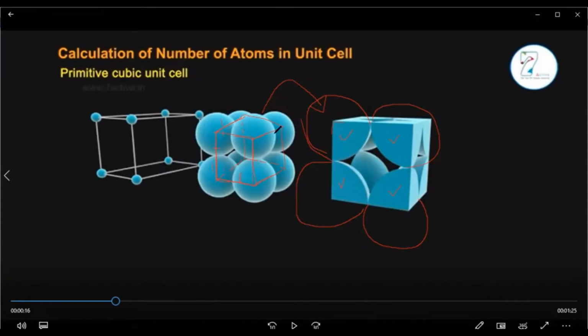In unit volume, how many atoms can I have and how much empty space can I predict? So this region where we don't have any atoms is the empty space. This region where we have the atoms is where the atoms will be located, right? So why I do this is to calculate in unit volume how much percentage is occupied with the atom and how much percentage is empty.